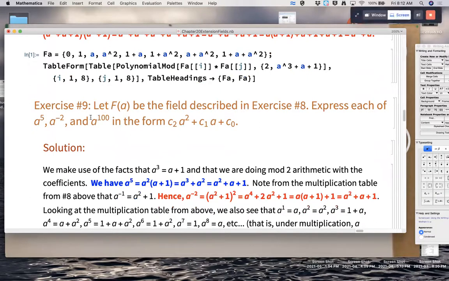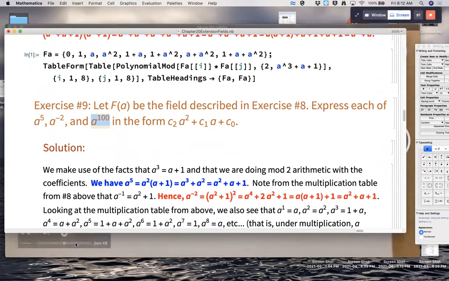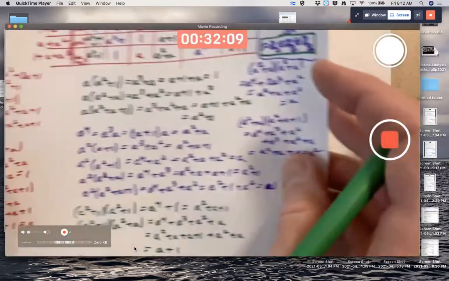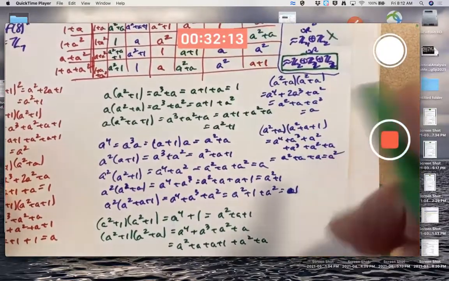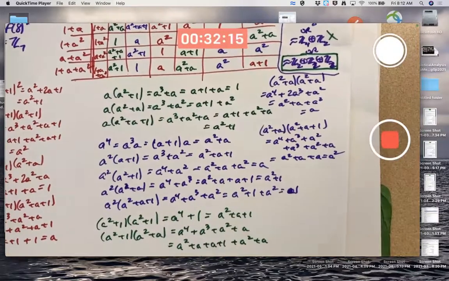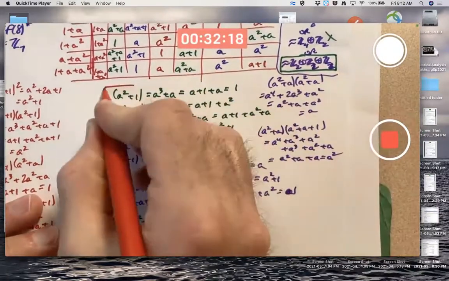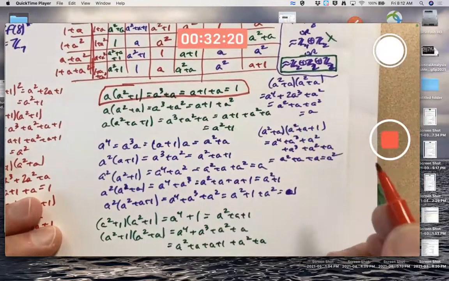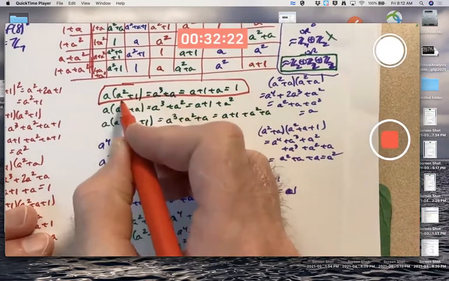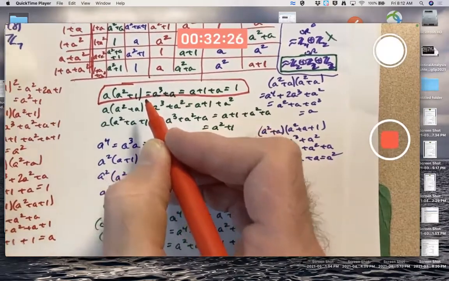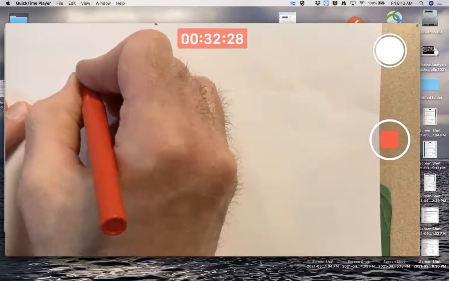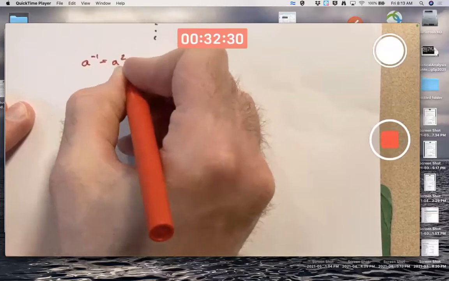Is it difficult to find something like a to the negative 2 or a to the 100 power? Talking about the same field here. Well, a to the negative 1 we already saw because of this equation. The inverse of a is a squared plus a.